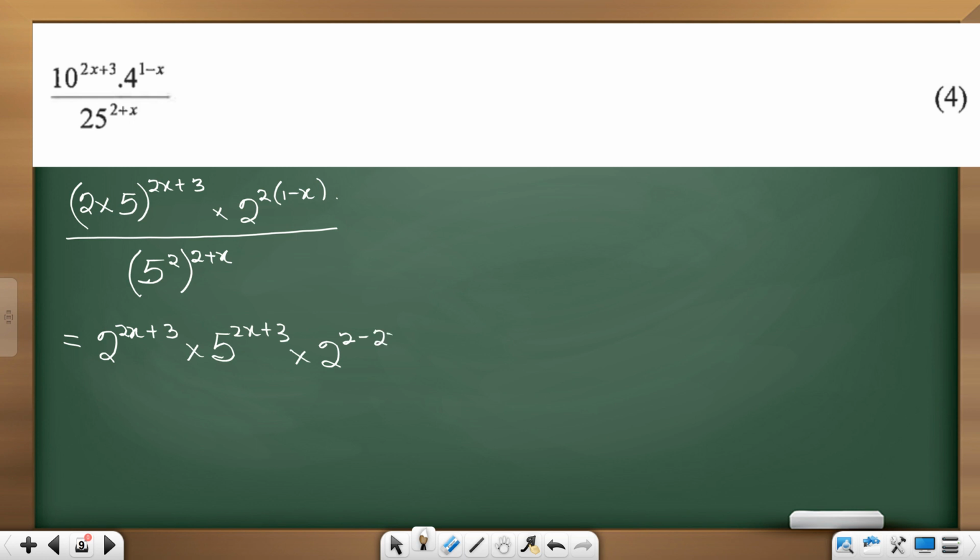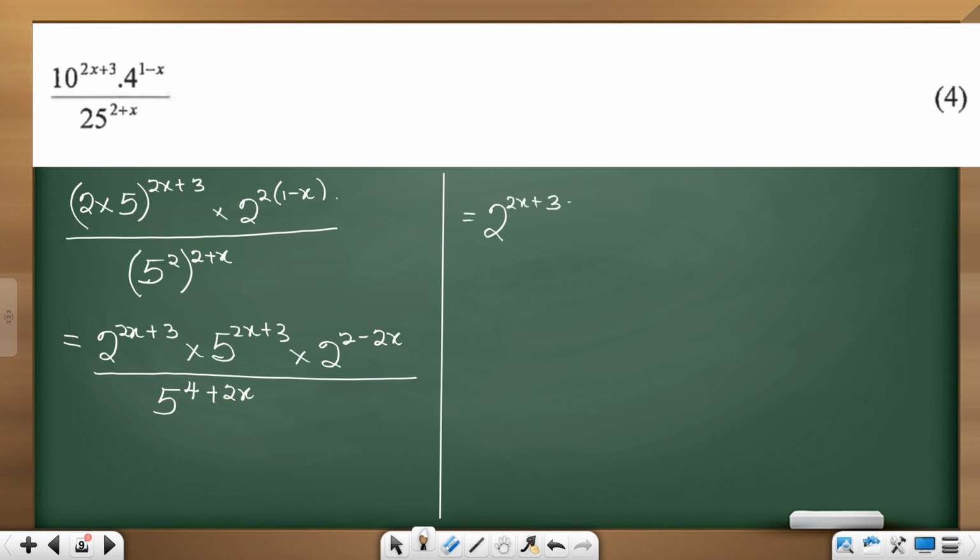Minus 2x, over 5 to the power 2 times 2 is 4 plus 2x. Now can we group them? All the 2's and all the 5's. 2x plus 3. Do we have a 2 on top? Yes. We are adding.